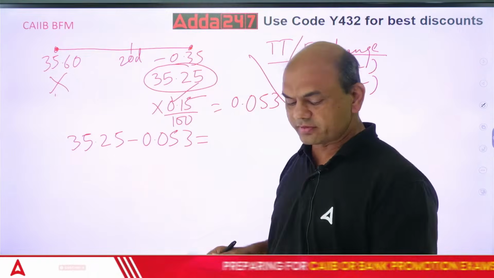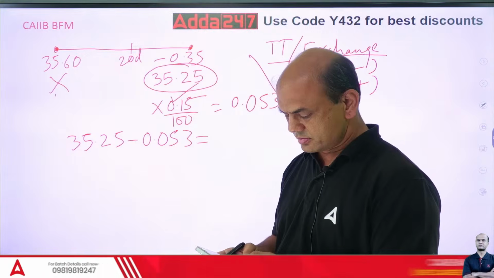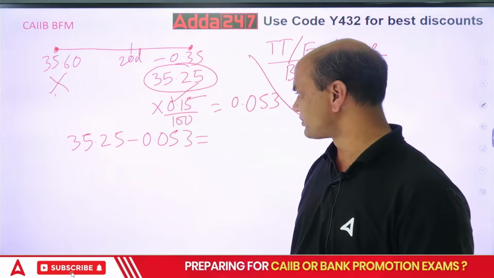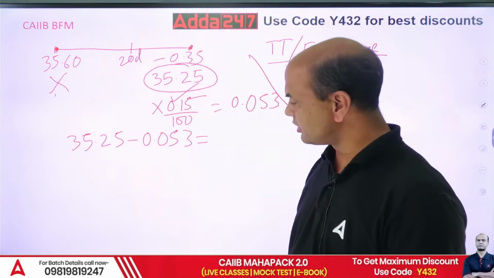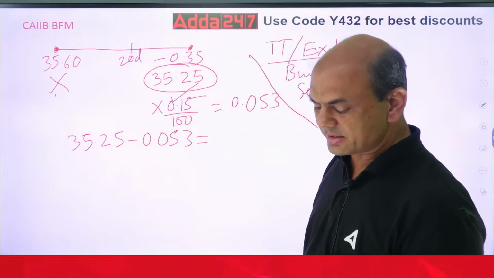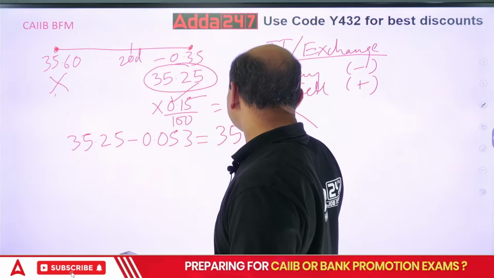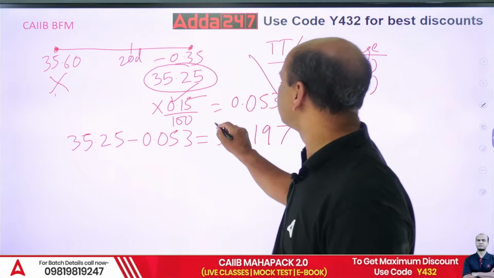So do it: 35.25 minus 0.053. Roughly I'm getting 35.197. So this is my final rate.